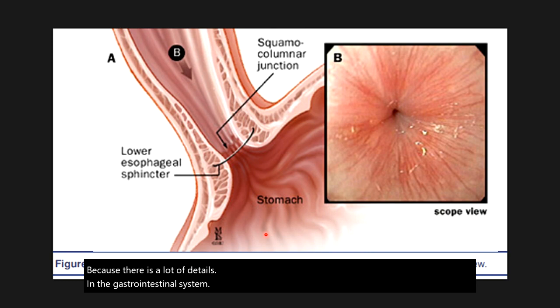We have a junction of two different epitheliums here, one that comes from the esophagus and the other one that comes from the stomach. The one that forms the epithelium of the esophagus is squamous, due to squamous cells.